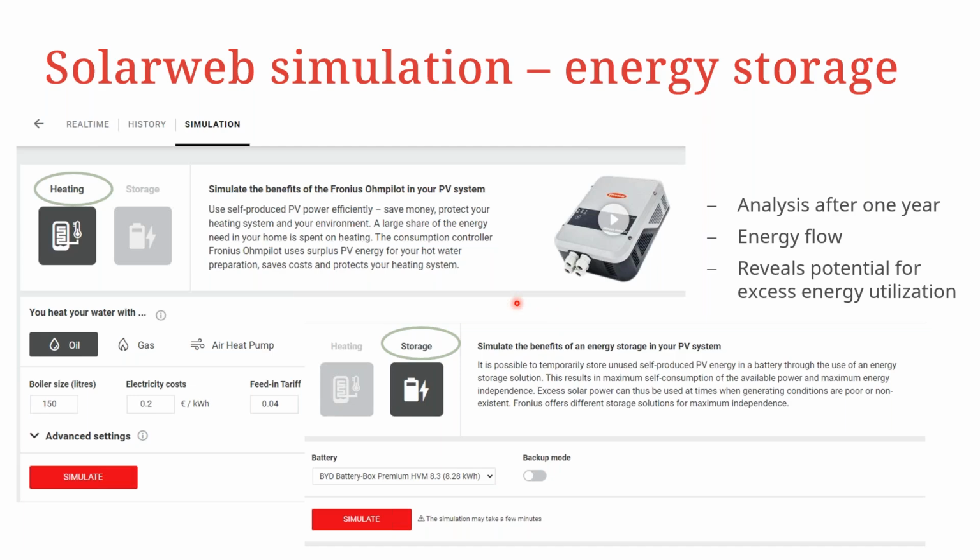So this kind of optimization analysis would also be a good upselling opportunity for you as an installer, because it allows you to do more business. But on the other side, the biggest benefit to the end customer is that you allow them to become more self-sufficient, and you also increase their self or own consumption levels of this PV system.